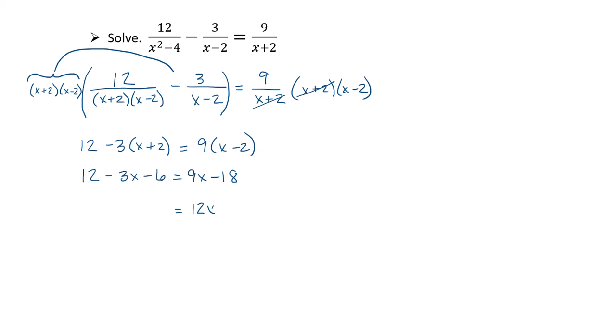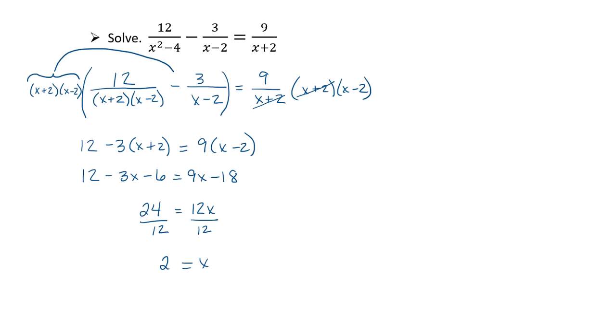We have a simple linear equation that we need to solve, so I'm going to add 3x to both sides. I know that 12 and negative 6 is 6. When I add 18, I get 24. Dividing both sides by 12, I get x equals 2.